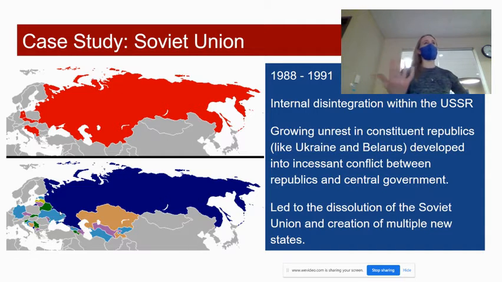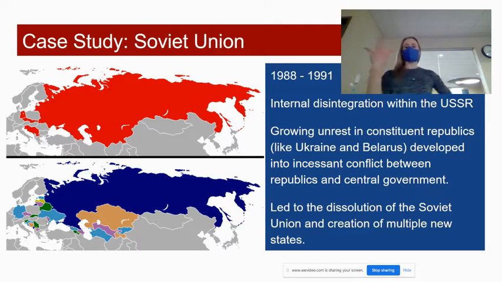Within it, people saw themselves as Ukrainian. People saw themselves as Belarusian. There started to be growing unrest in the constituent republics. Constituent republics were basically the regions within the Soviet Union, like Ukraine and Belarus and Kazakhstan.